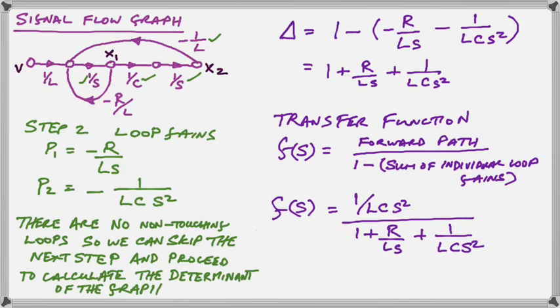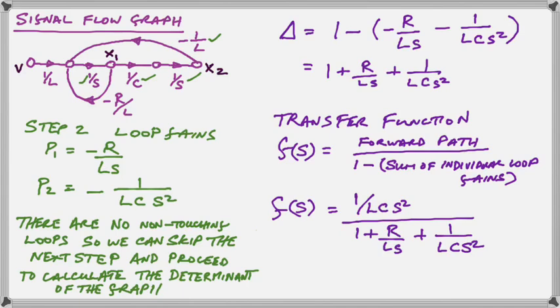So we take our 2 loop gains and we put them in there and add them together, inside the brackets, that is. And that goes at the bottom, whereas the forward path goes on the top. And there we have our transfer function.